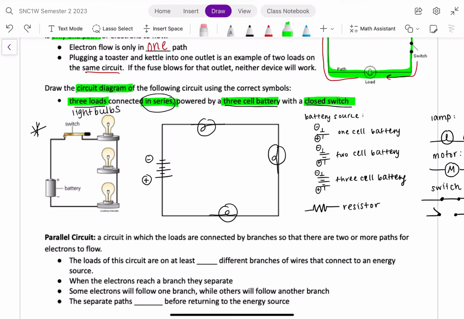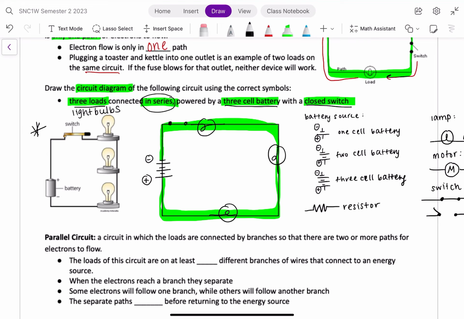As long as they are in series, meaning if I were to draw a line starting from the negative end and going to the positive, there's only one path for the light bulbs, or for your path to go. There's only one path, then that is in series. There's also a closed switch.